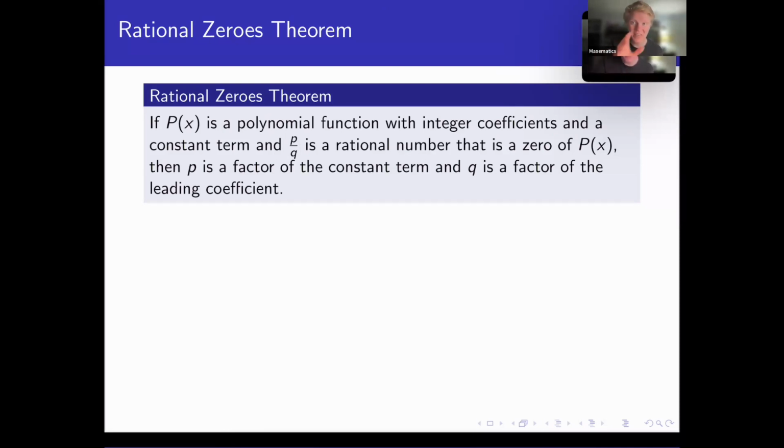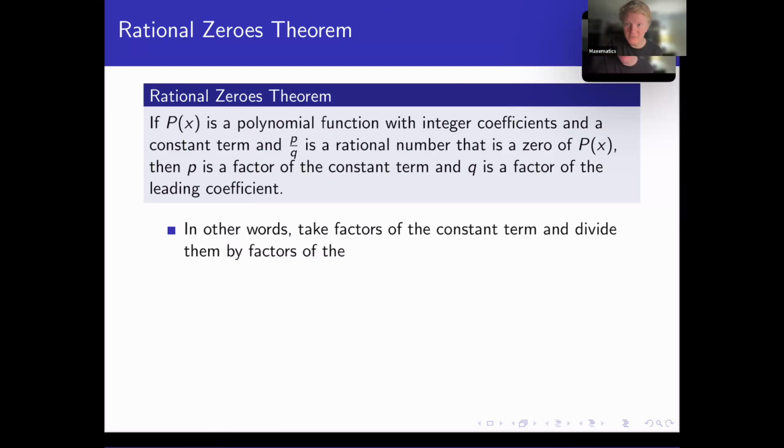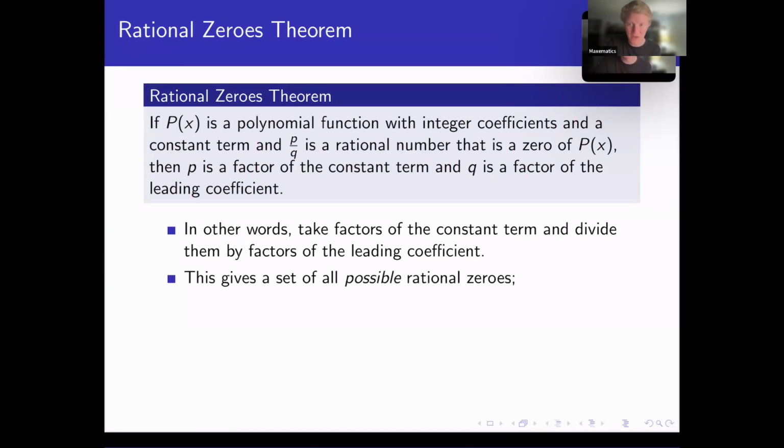Now, that's very wordy. Long story short, you take factors of the constant term and divide them by factors of the leading coefficient. What you get is a set of all possible rational zeros.